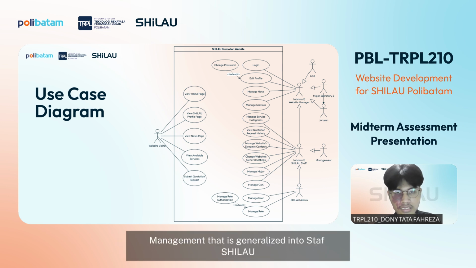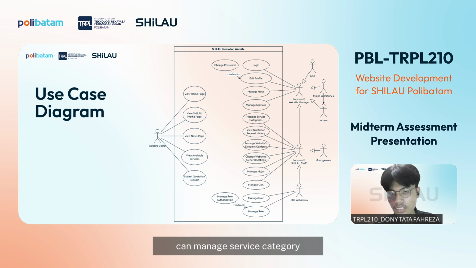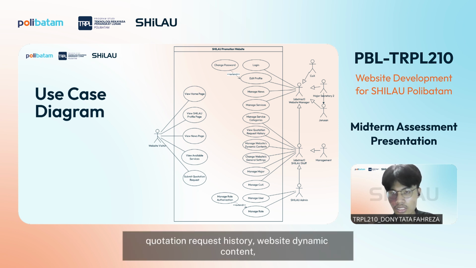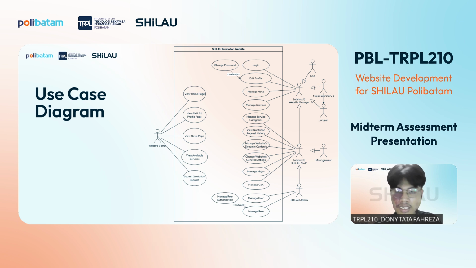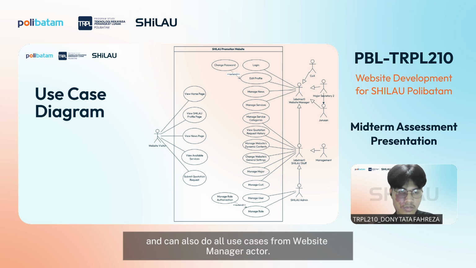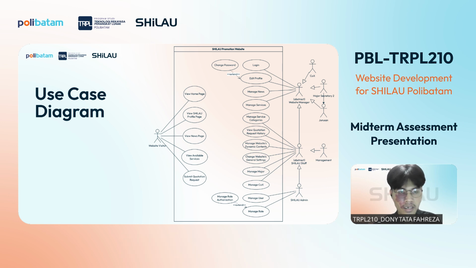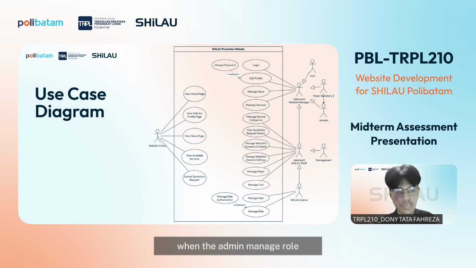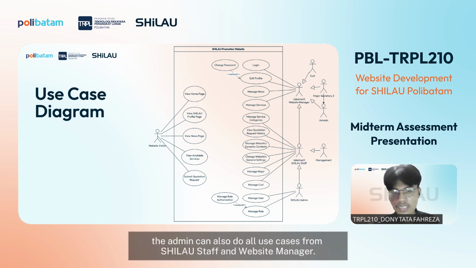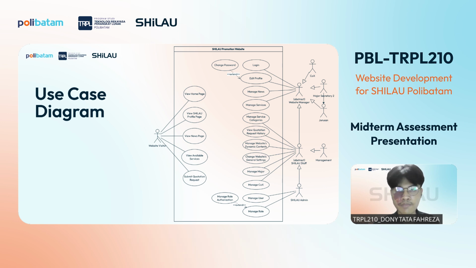Management, which is generalized into staff SHILAU, can manage service category, quotation request history, website dynamic content, change website general settings, manage department and COX, and can also do all use cases from the website manager actor. Admin SHILAU has a special use case to be able to manage user and manage role. When the admin manages roles, he can also manage role access rights. Besides that, the admin can also do all use cases from staff SHILAU and website manager.